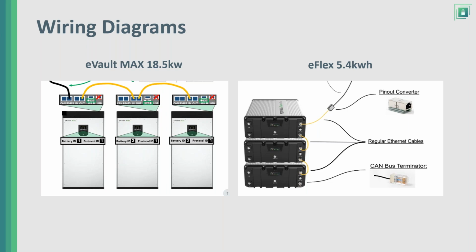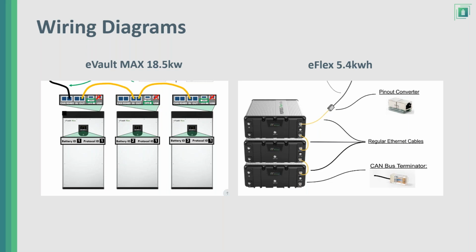But the most important part of this is that we have to specify at the battery, and I'm trying to highlight here that the eVolt has an LCD screen, and as part of the installation of the battery, one of the things that has to be done is that you have to assign a specific and unique number to each battery. That's the battery ID.